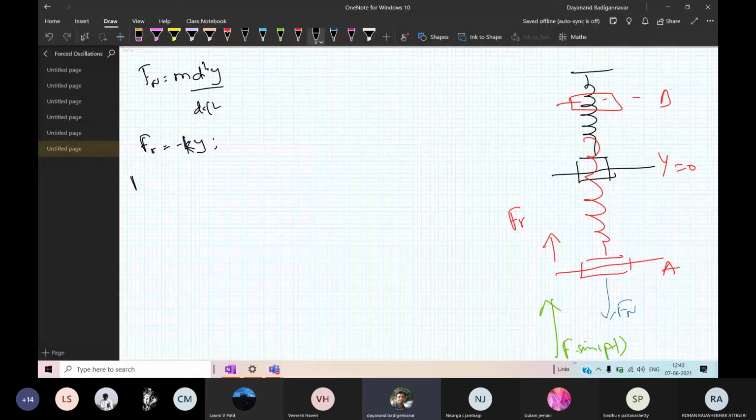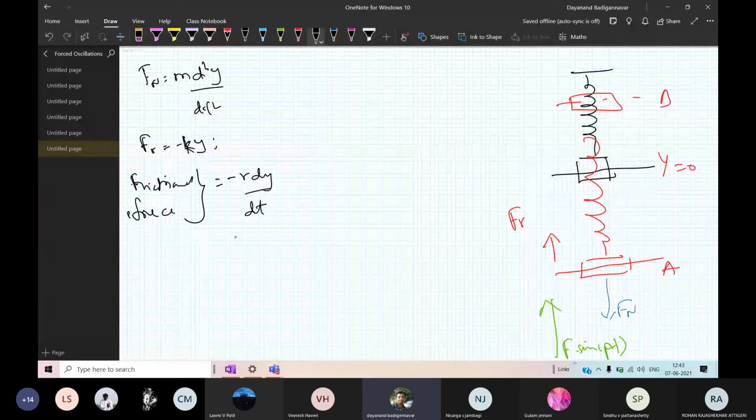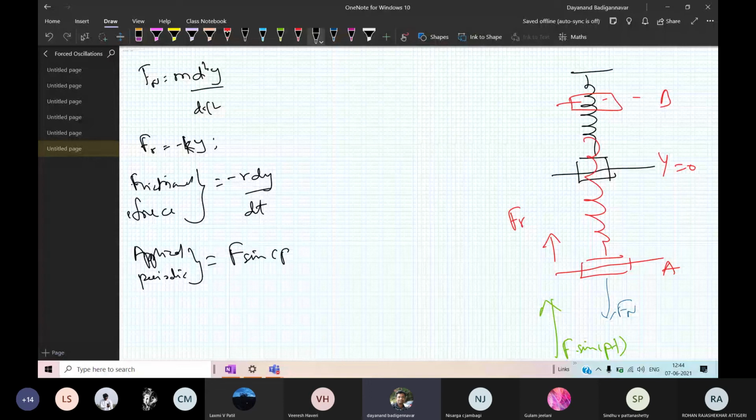Frictional force you have, that is minus r into dy by dt, and the applied periodic force, that is F sine pt. So this is the applied force.